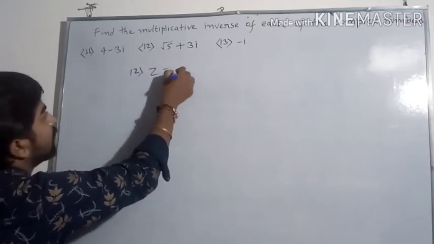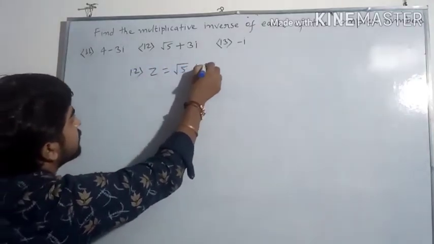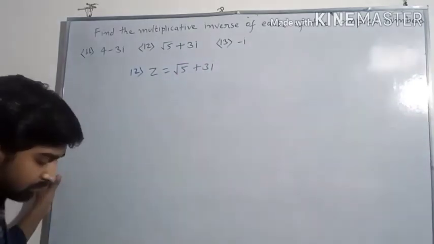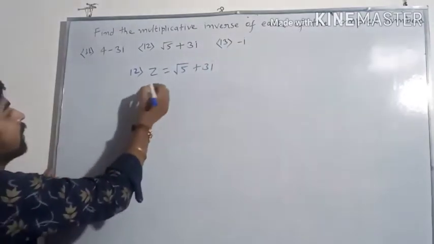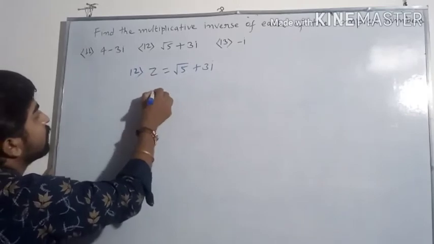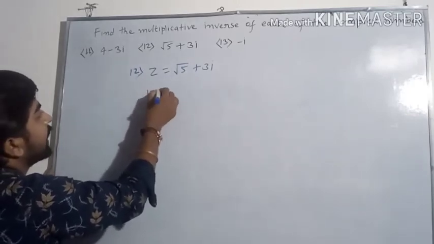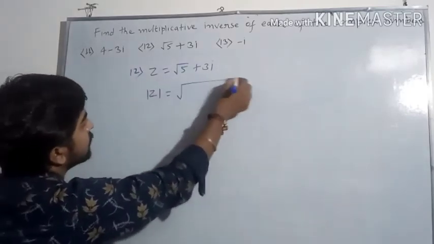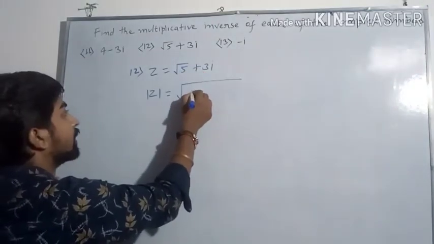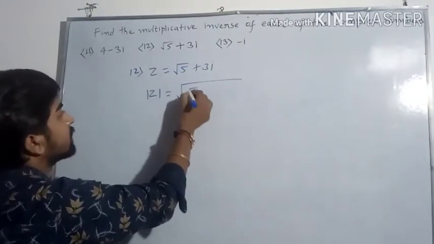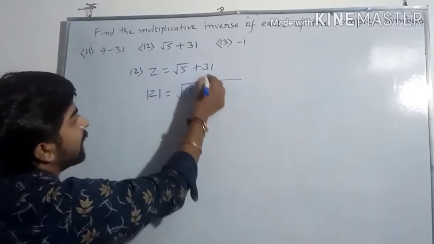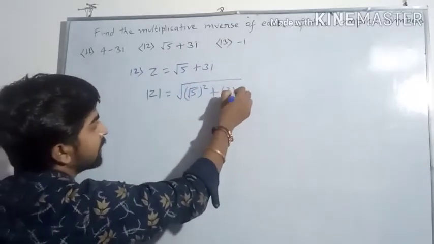Let z equal under root 5 plus 3i. Also, modulus of z equals under root of the square of the real part. The real part is under root 5 and the imaginary part is 3, so square of 3.